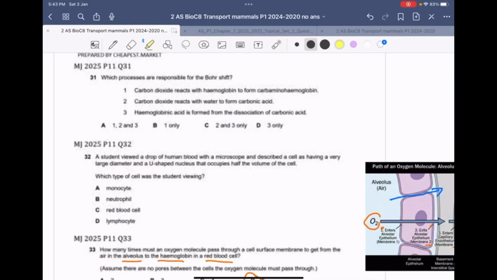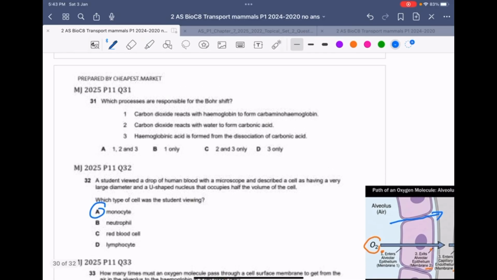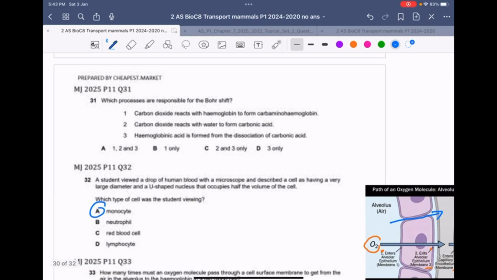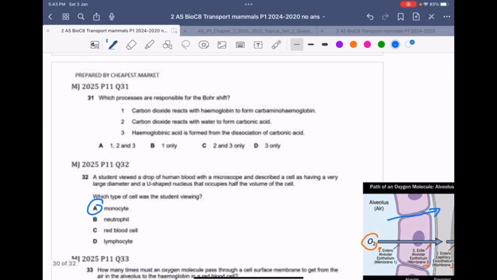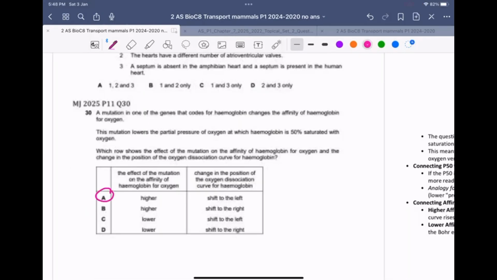Sickle shaped cell is referred to the monocytes, which is a kidney bean shaped nucleus. And then what is ball shape? Ball shape refer to the A. So it shows that mutations occur in one of the genes coded for the hemoglobins.